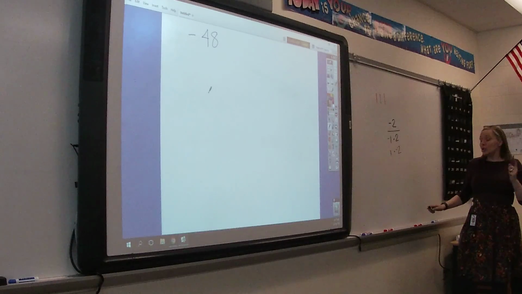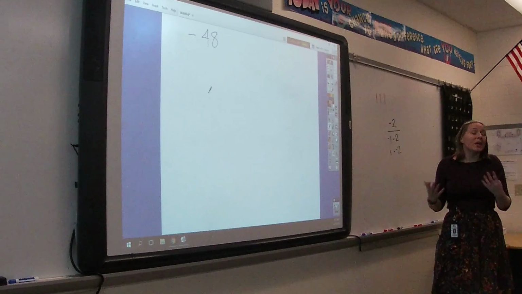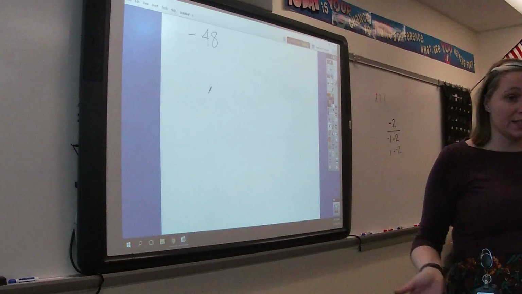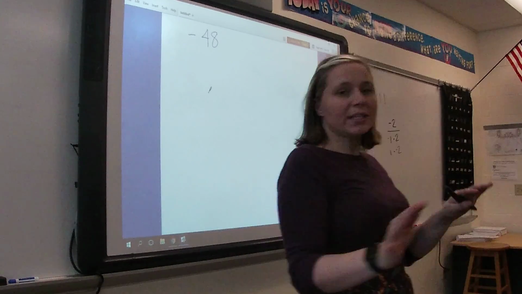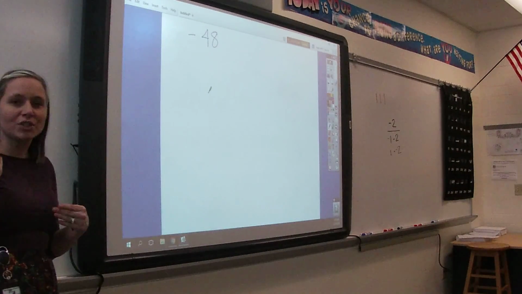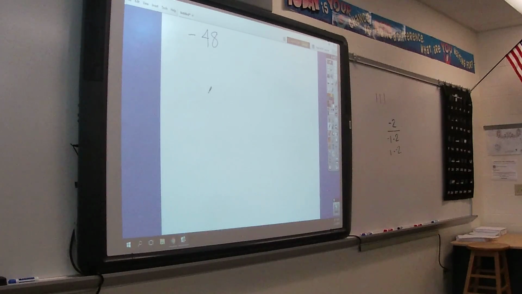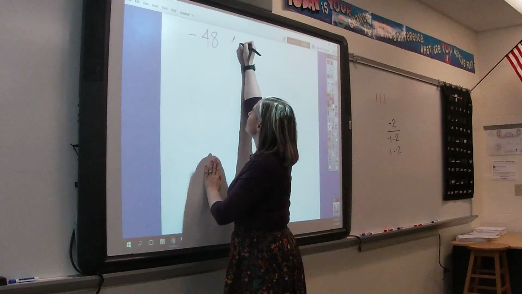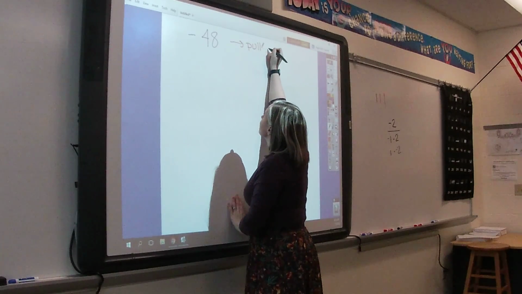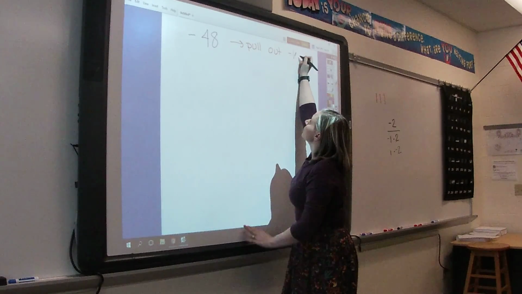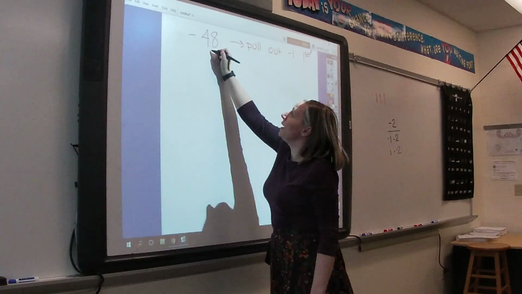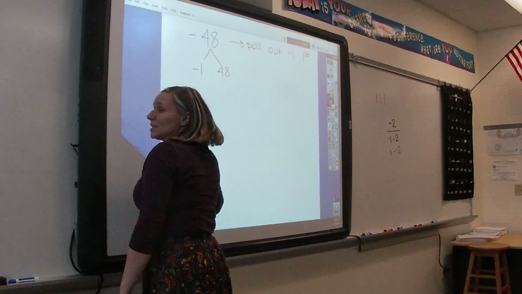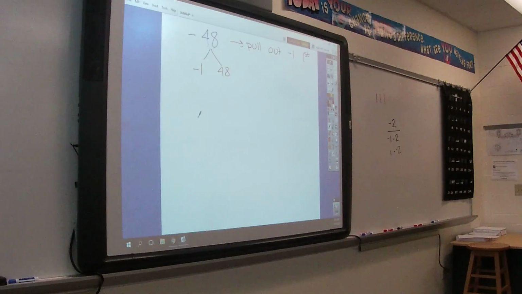So when you see a negative number, you can follow the negative all the way through. It's a pain in the rear. Most of us don't like to deal with the negatives anyways. Just get rid of that negative to start with and factor that negative 1 out. It's the only prime negative. So when you see that this is negative, pull out that negative 1 first and split it into a negative 1 and 48.